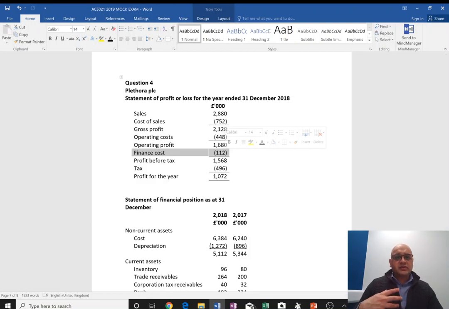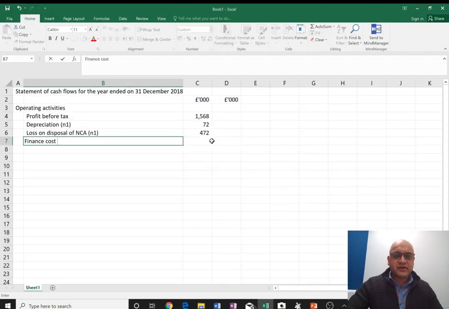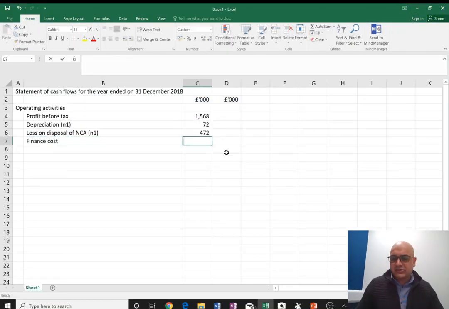In other words, you might have charged the finance cost to the statement of profit or loss, but it is not necessary that you have paid the same finance cost in the year. You might have paid more, you might have paid less. So we're going to remove it from here and then reintroduce it at a later point in cash terms. Because it is on accruals basis, we're going to be removing it from here. So 112.